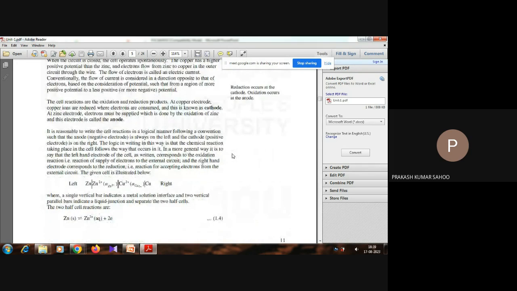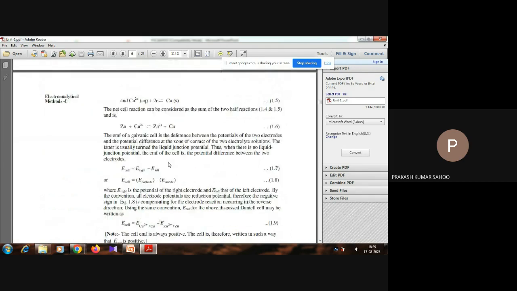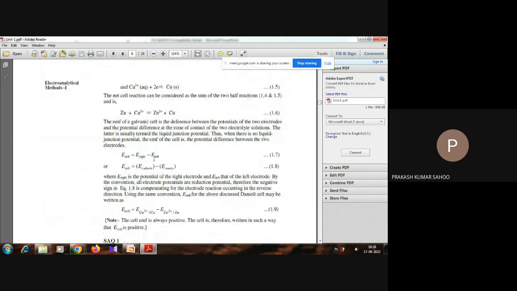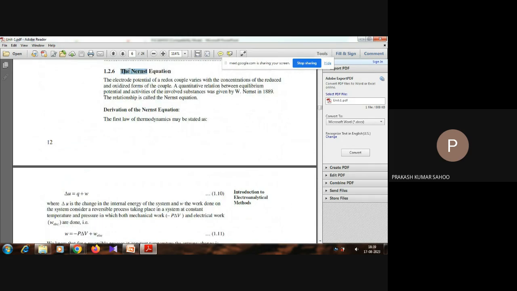Then electrochemical cells we have already discussed. Galvanic cells, what is anode, what is cathode, and this is the notation of the electrochemical cell. Then we have the reactions like this. Then another important part is the Nernst equation. In the determination of cell potential, we just sum up the oxidation potential of the anode plus the reduction potential of the cathode.